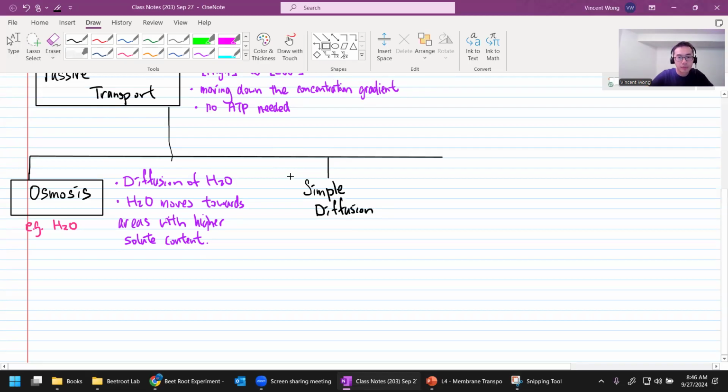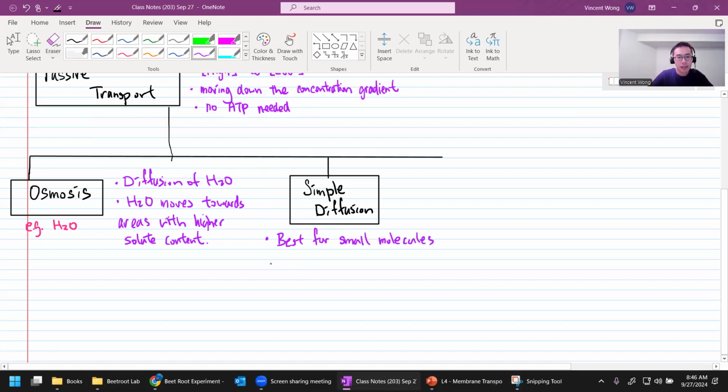So simple diffusion goes from high to low, no energy. I'm not going to rewrite that again, but it's ideal for small molecules.